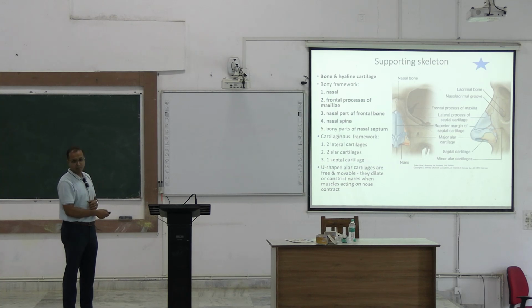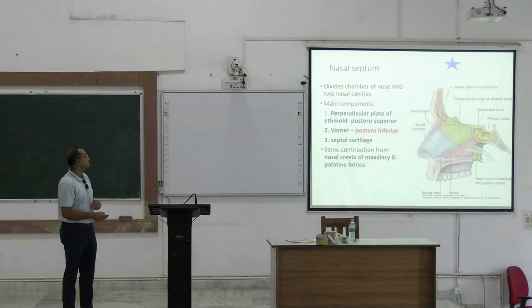The skeletal contributions, apart from the septal cartilage, nasal cartilage and alar cartilage, are the nasal bone, the nasal process of the frontal bone and the frontal process of the maxilla. These contribute the bony framework externally. Apart from that, we have lots of cartilages forming the lower part of the nasal skeleton.